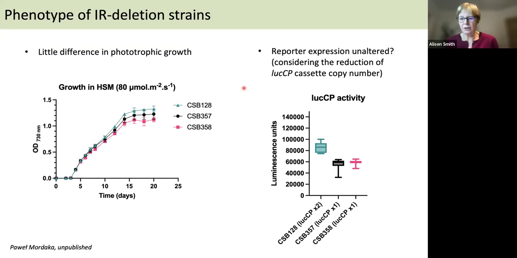This is, I should say, because in the parental strain, the luciferase gene is in the inverted repeat. So in the deletion strains, where we've removed 1 of the inverted repeats, we've reduced the copy number of the cassette. And that would probably account for the difference in activity that we see. So that was very encouraging, that we could knock out this very large region and still have normal functioning of the genetic machinery.